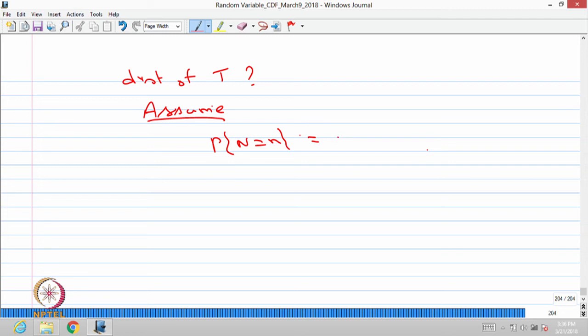Therefore, I just make the assumption that it follows (1 minus rho) times rho to the power n, where n can take the values 0, 1, 2 and so on, and rho is in the open interval (0, 1). So, this is the probability mass function of the random variable n.